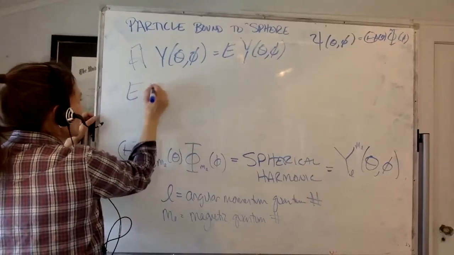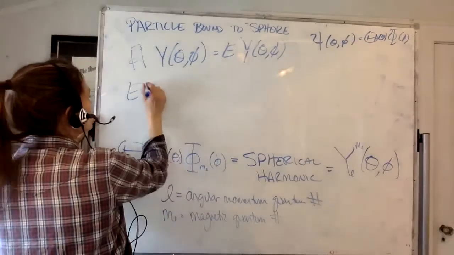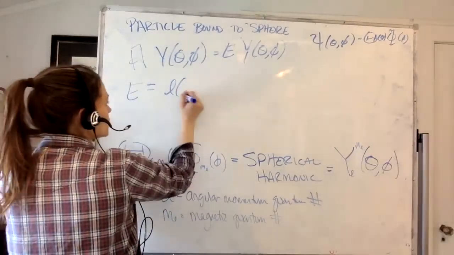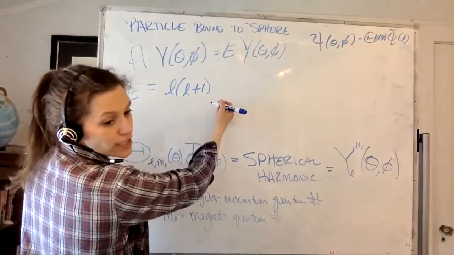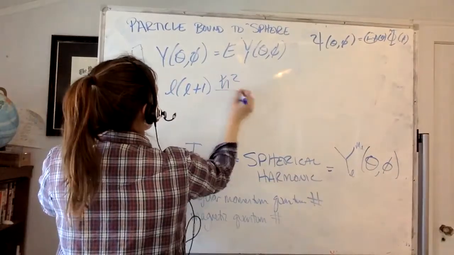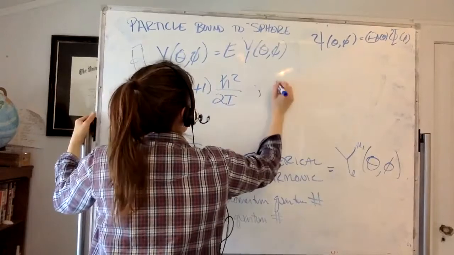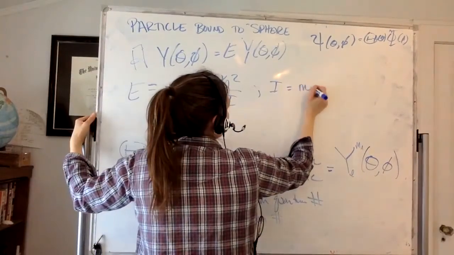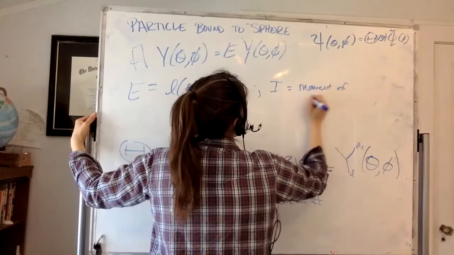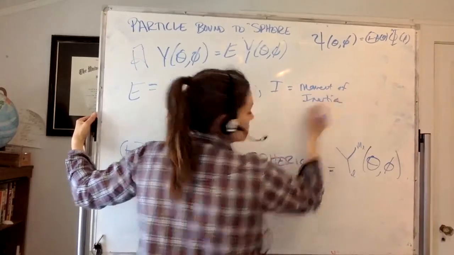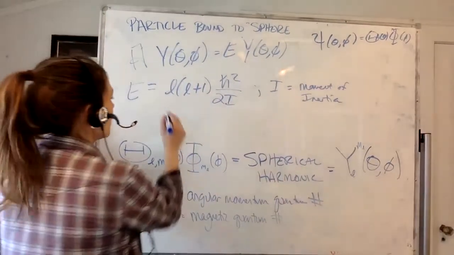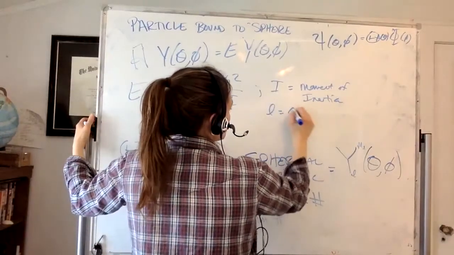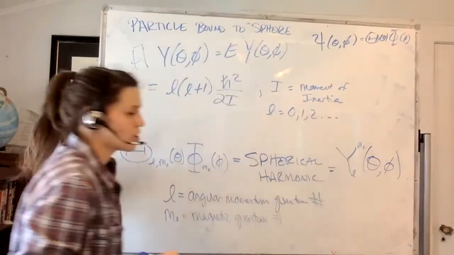And our E that we get from this is equal to L times quantity L plus 1, times h bar squared over 2I, where I is your moment of inertia. Go team. And L can equal 0, 1, 2, and so on.